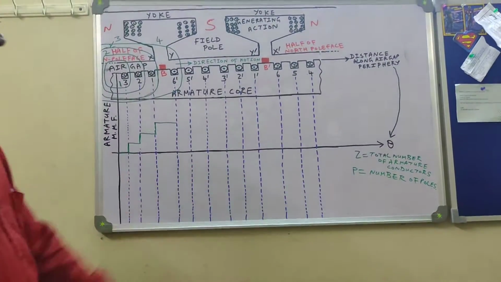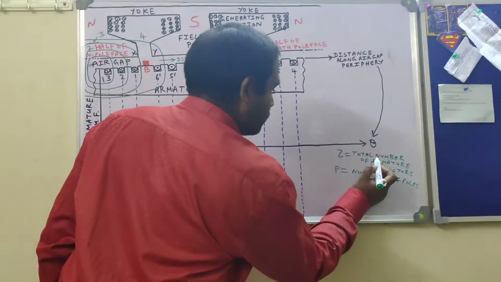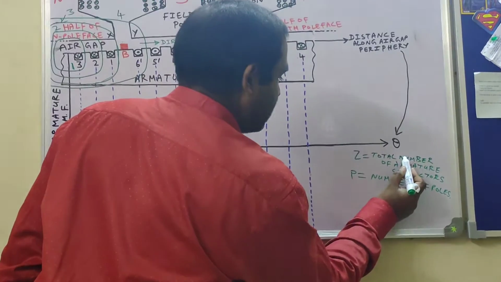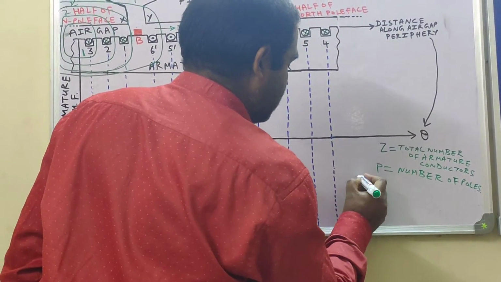So Z is the total number of armature conductors and P is the number of poles. So what is the number of conductors under each pole?